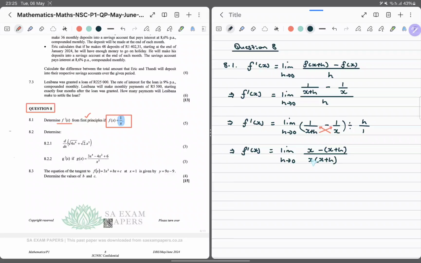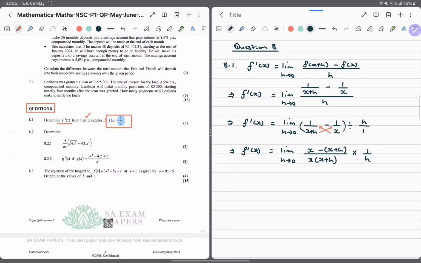The x's divide into 1, which is invisible, so we remain with x plus h. We then multiply this into the numerator. So how you want to think about it, it's totally how you are taught. And remember, division can be converted to multiplication when we invert this next fraction.